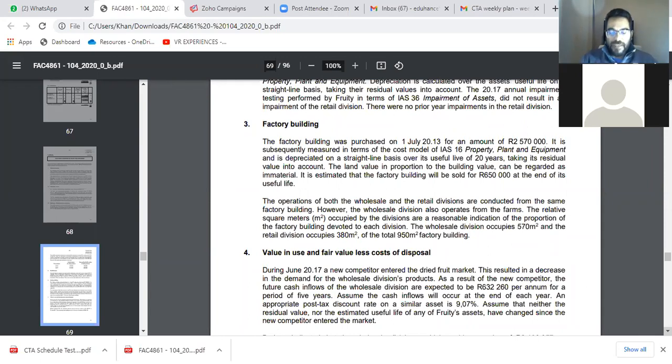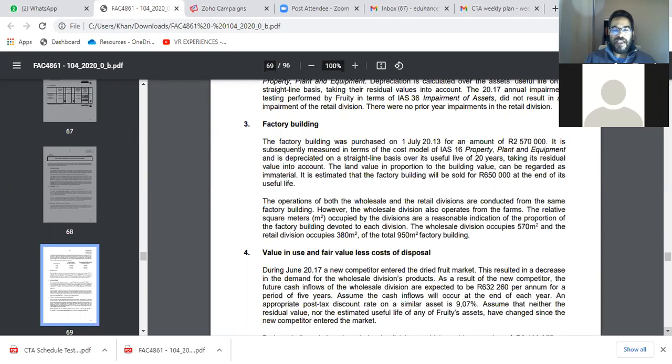So for you to identify whether an asset is a corporate asset, it needs to meet two criteria. Number one, the asset should not be able to generate cash inflows independently. So the factory building can't generate cash inflows independently, so it meets characteristic number one. Number two, it does not sit in one cash generating unit.